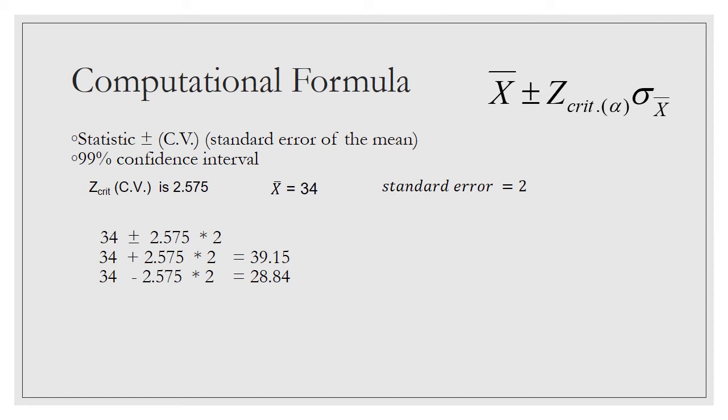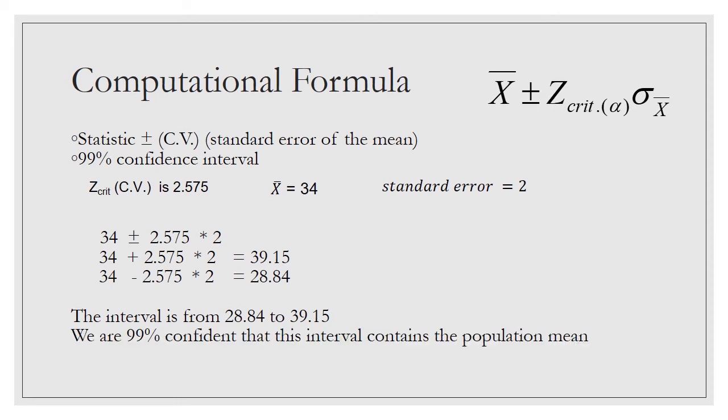It's 34 plus 2.5 times 2, which is 5. So 34 plus 5 is approximately 39, and 34 minus 5 is approximately 29. That gives us our range for our confidence interval, right? Our range was 28.84 to 39.15. And here we would just say we are 99% confident that this interval contains the population mean.